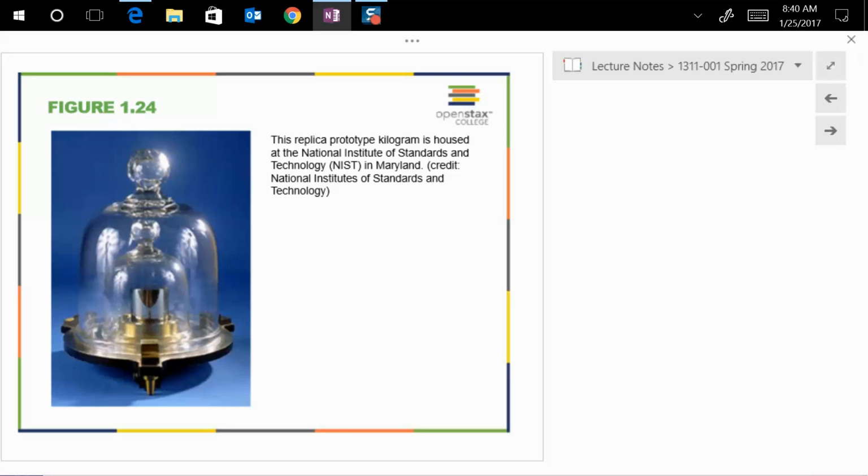Okay? Well, how have we determined how much matter is 1 gram? Well, this is 1 gram. At the National Institutes of Standards and Technology, they have an exact calibrated piece of metal that is exactly 1 gram.